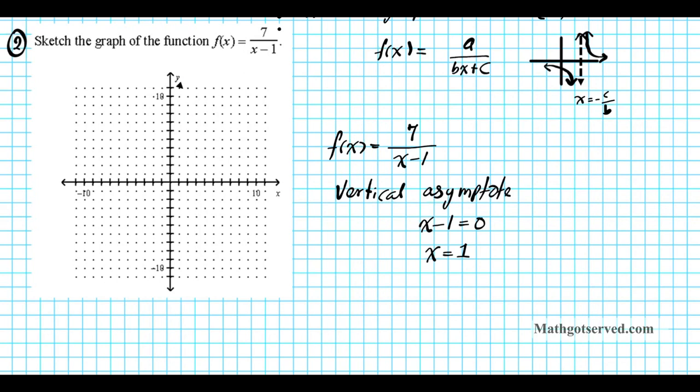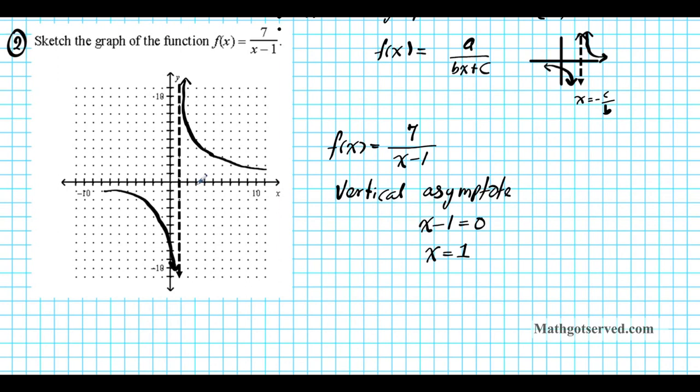Let's go ahead and sketch that line. And from the left, as the function approaches this asymptote from the left, the function tends towards negative infinity. And from the right, this function tends towards infinity, something like this.